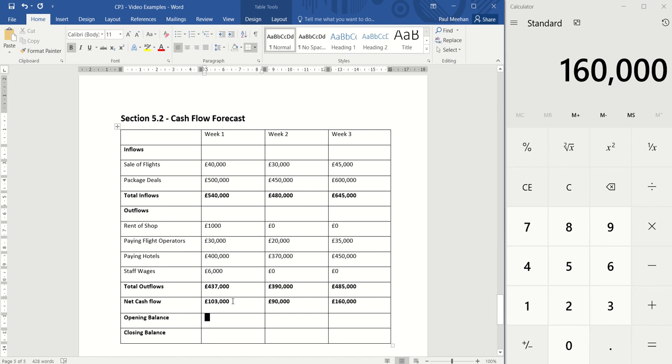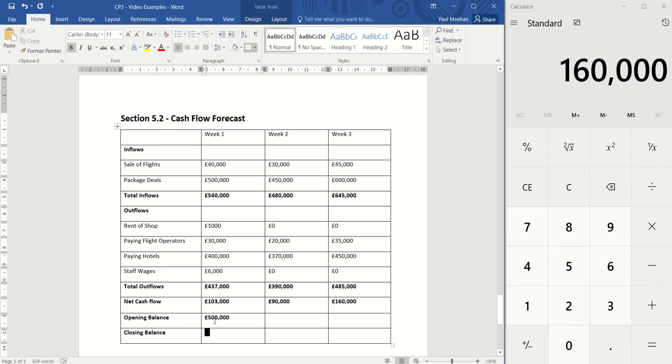With a business like this, you'll get the opening balance first. So we are going to say the business has started off with 500,000. It's an opening balance of 500,000, and what we do is we add the net cash flow to that to work out what the closing balance is.